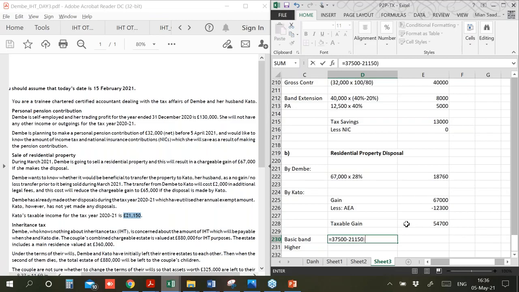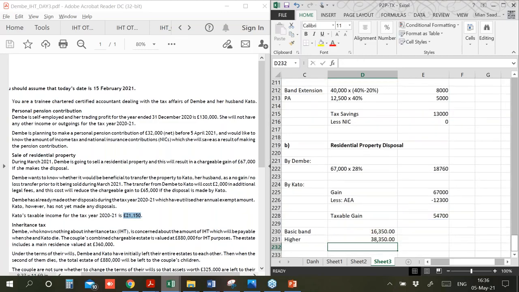So this is the amount that income tax would have utilized. 16,350 is the basic rate band that is left. Out of the total gain, 16,350 will be taxed at the basic rate. So what is the gain that is left for higher rate? It is 38,350.